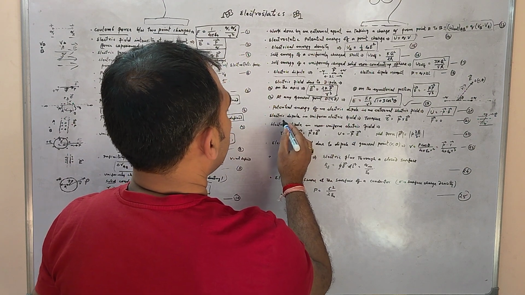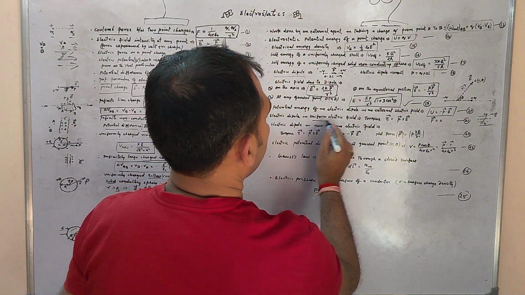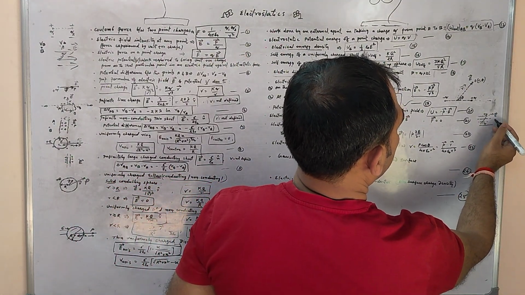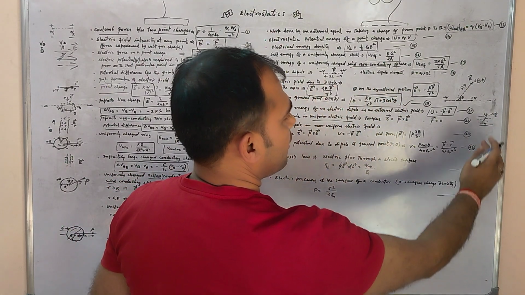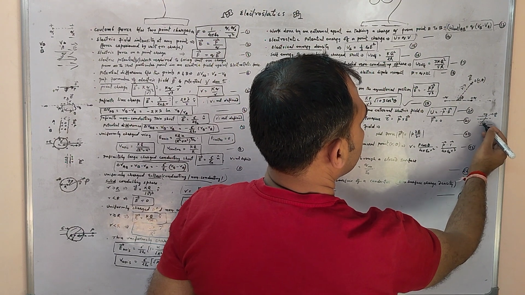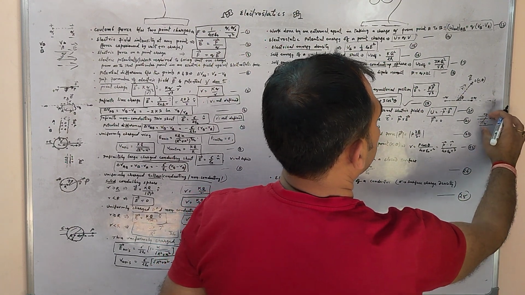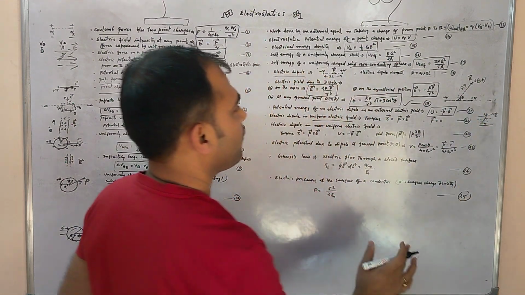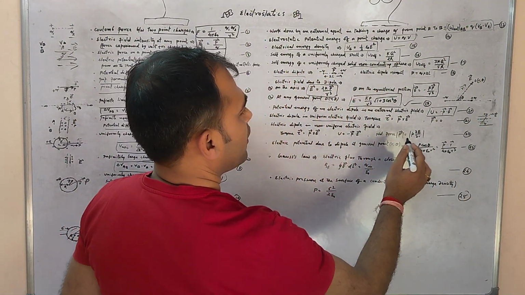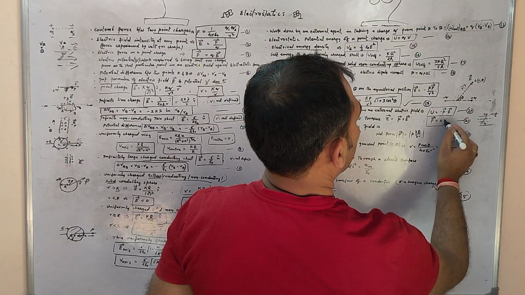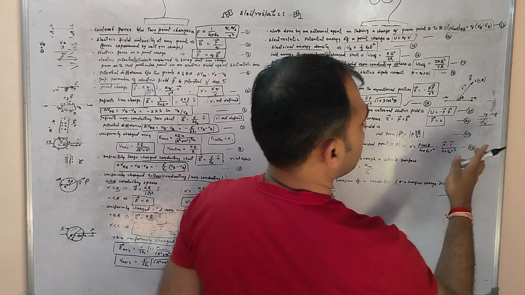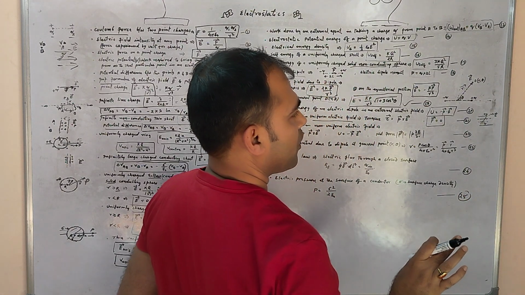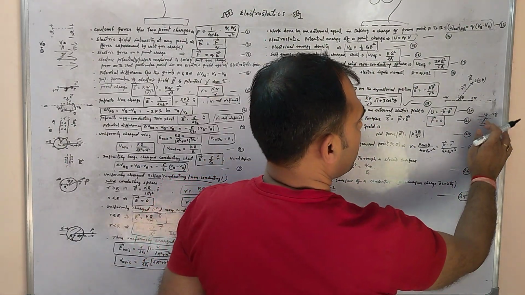Next, electric dipole in uniform electric field. Now here we are given a uniform electric field where electric dipole is placed, let's say at angle theta. So the force will be zero. How? See, electric dipole consists of minus q and plus q.